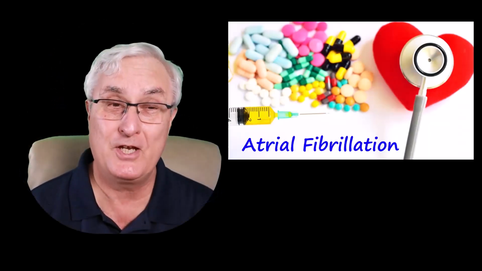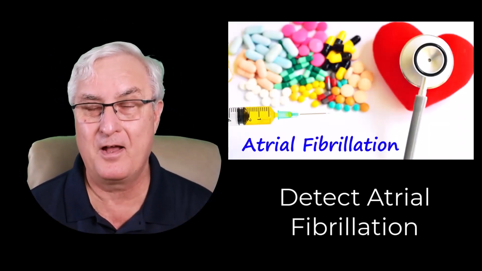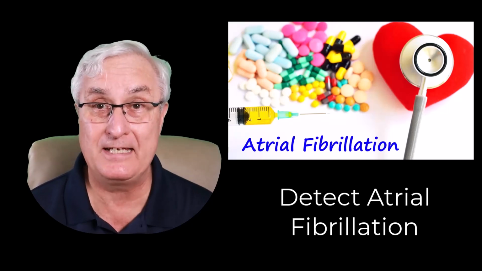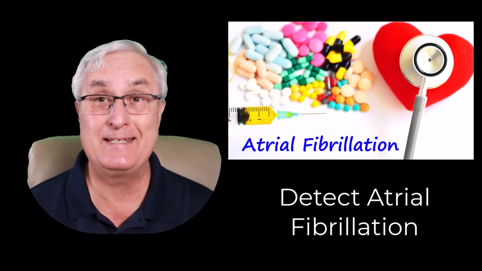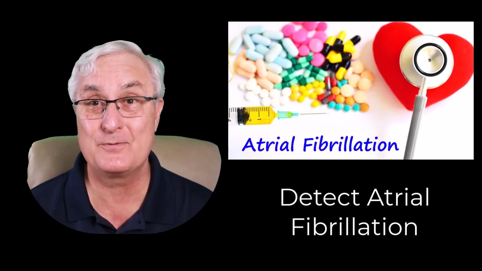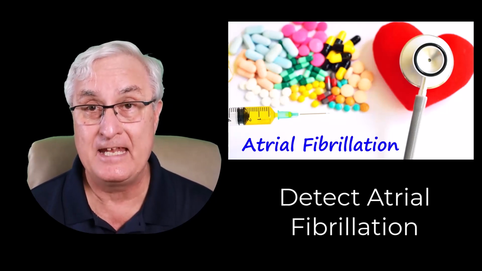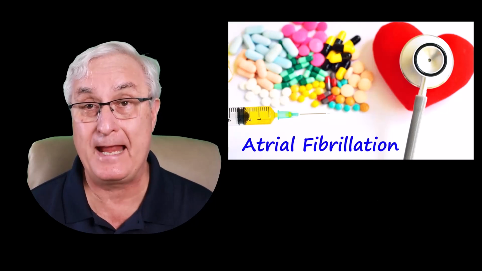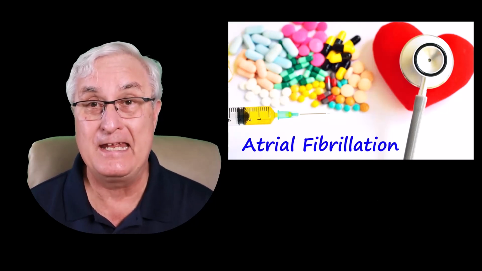One of the big changes that has occurred in the past 5 years is the ability of your smartwatch to detect atrial fibrillation. This is a condition where your heart speeds up too fast. If it went up over 140 and you were in atrial fibrillation, if you had one of the cheaper smartwatches, it would just say your heart is going too fast.